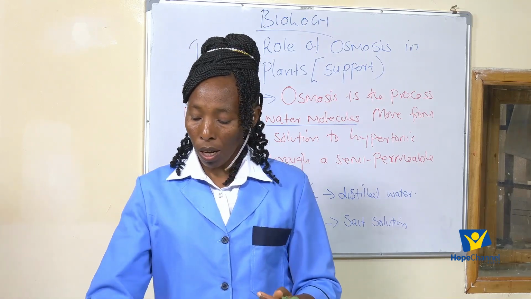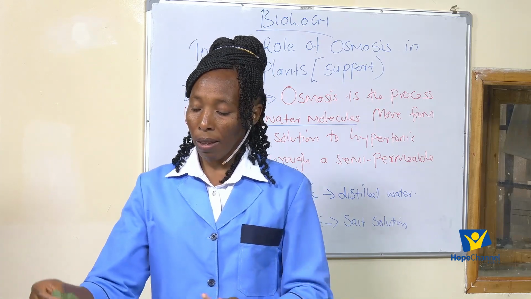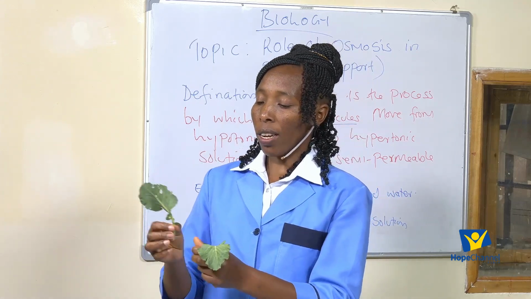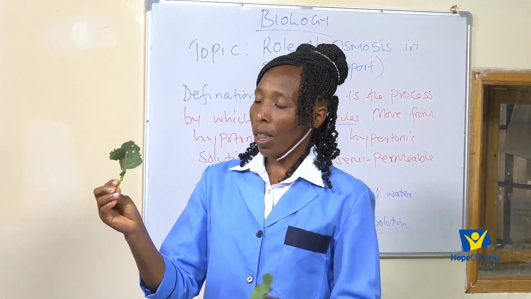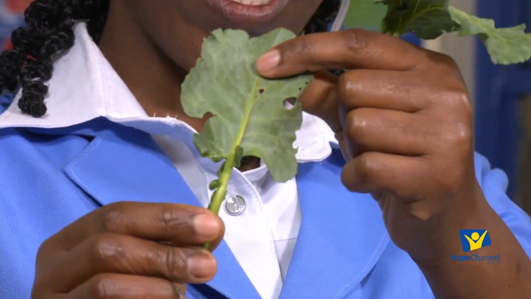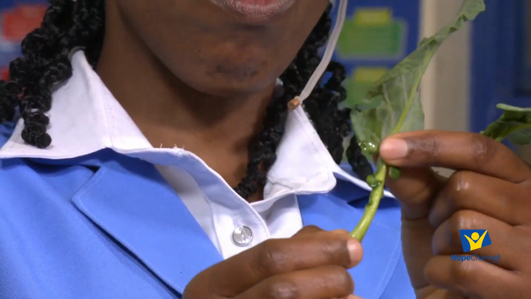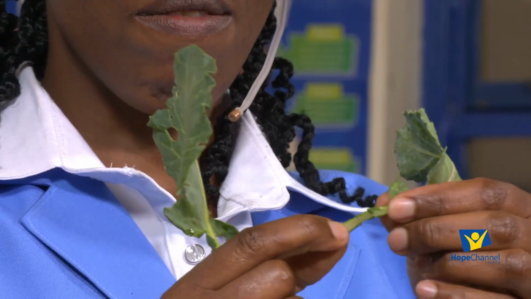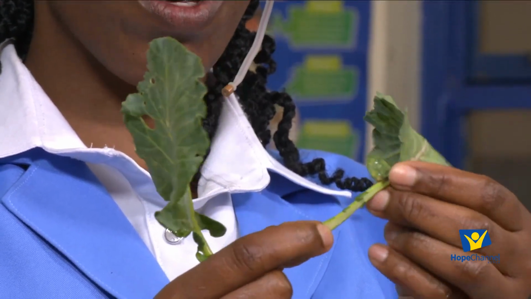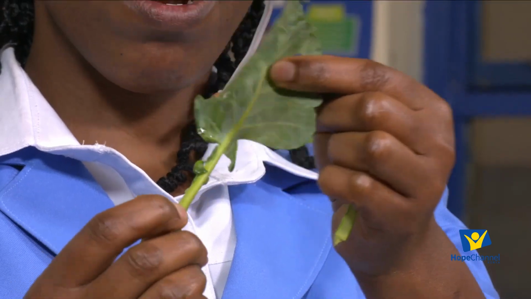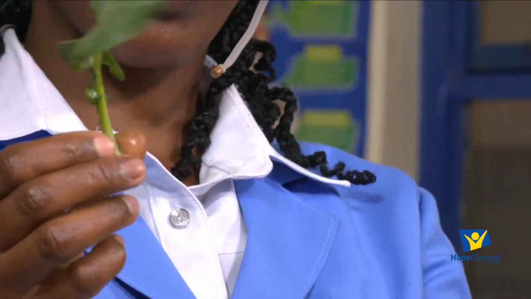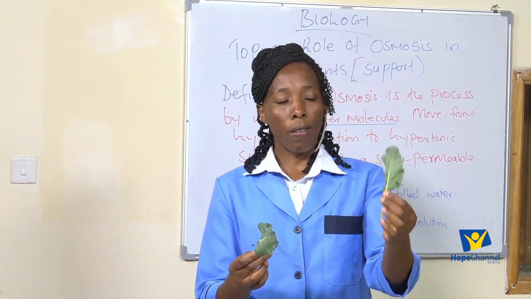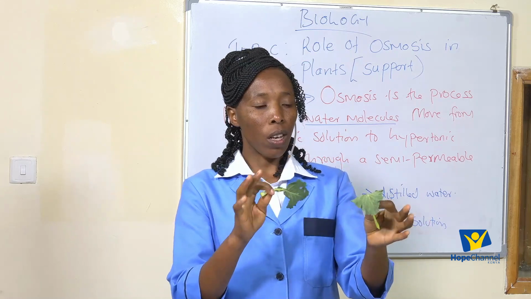But if you talk about the leaves that are placed in a solution or in distilled water, you find that the leaves are very upright, okay? Even the stalk, this part is very firm, unlike this one, that is very weak. And of course the leaves, this one, they are very upright, but this one, you see, the leaves are very flaccid. Usually we say they droop.